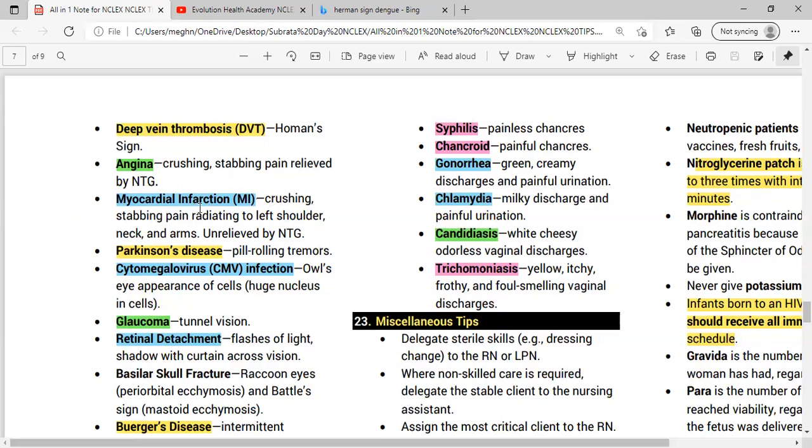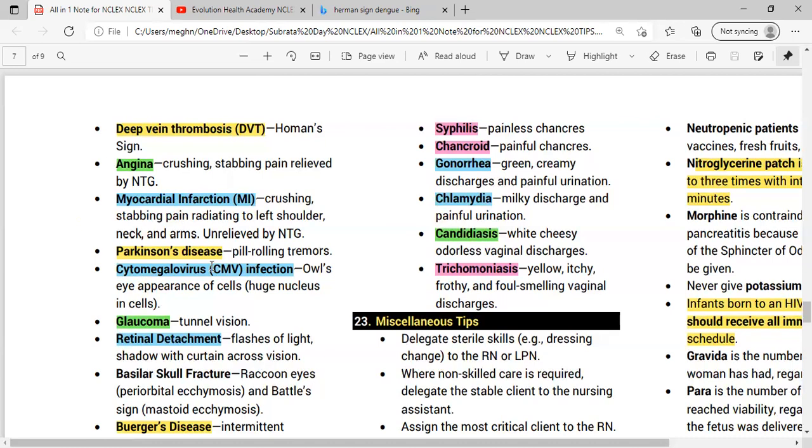Stabbing pain radiates to the left shoulder, neck, and left arm, and is unrelieved by vasodilators like nitroglycerin. Parkinson disease: we find the pill-rolling tremor. Tremor is important, and also rigidity and gait abnormalities.